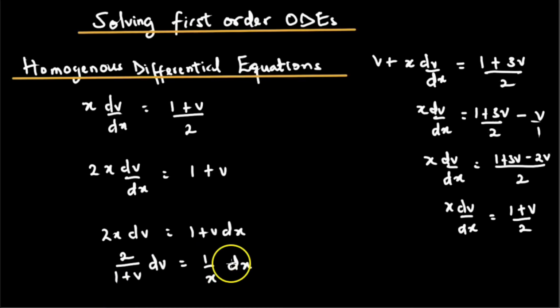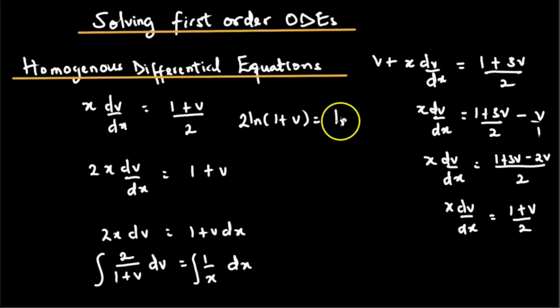Now we can solve this, right? Integrate both sides with respect to our variables. When I integrate 2 over 1 plus v, I'm going to have 2 ln of 1 plus v. And when I integrate 1 over x, I'm going to have ln x plus c. In order to easily simplify this, I can ensure that all the terms are written in terms of logarithm.